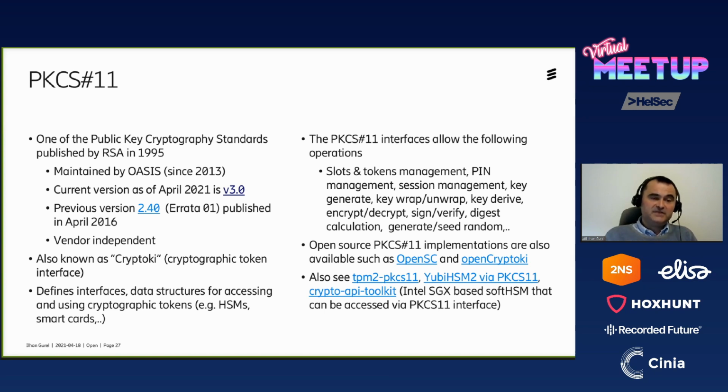PKCS 11 interfaces allow us to do slot and token management and PIN management operations. You can generate keys, wrap and unwrap keys, sign, verify, encrypt, decrypt, etc. They provide these APIs to achieve those cryptographic operations. As I also mentioned in the list, I'm using TPM2 PKCS 11 as well as OpenSC.